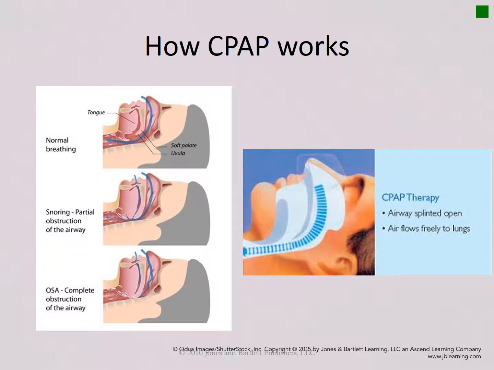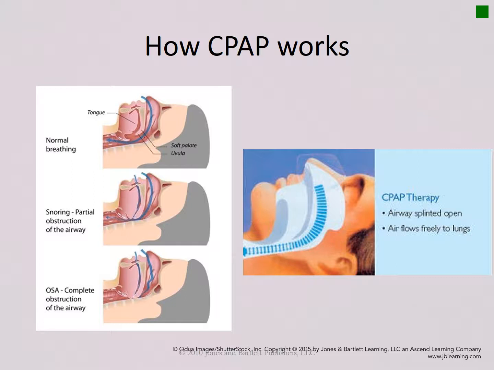So how does CPAP work? On the left you have pictures of a patient sleeping without CPAP on. The first picture on the top shows a normal breathing patient. They are breathing effectively. The blue line represents air entering the airway, and you can see it identifying where the tongue is, the uvula, that little thing that hangs down in the back of your throat, and also your soft palate.